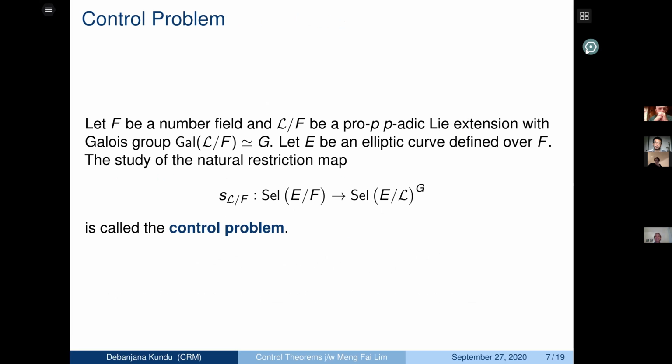He noticed that the restriction map from the Selmer group of the elliptic curve over F to the G-invariants over the infinite extension is not an isomorphism. So there is a kernel and a cokernel, and he really wanted to study how much these two objects differ. That is the control problem.